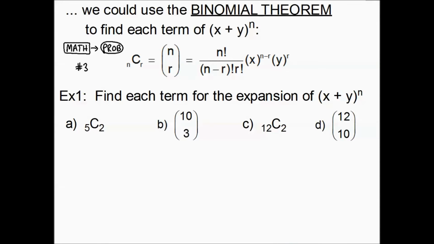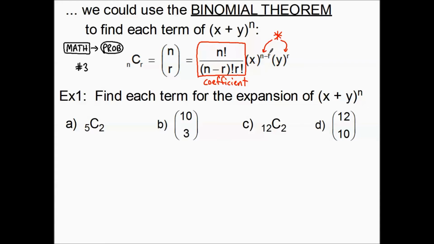What this will give you is the coefficient. This part right here of our binomial theorem is the coefficient, basically the number that would have come from Pascal's triangle. You don't need to memorize this formula, you just need to know how to plug this into your calculator. The other two parts give you your variables and what powers they are.